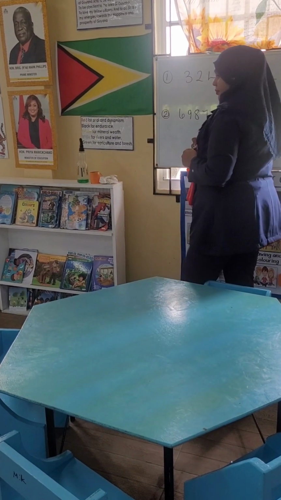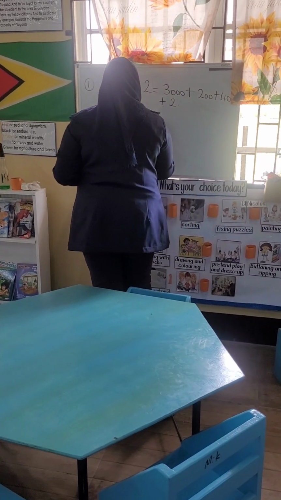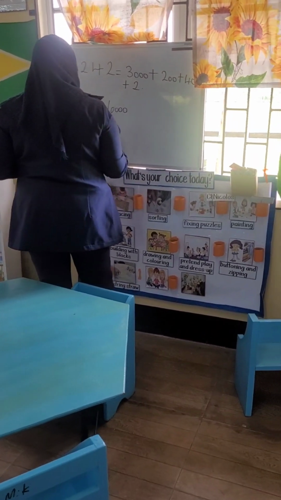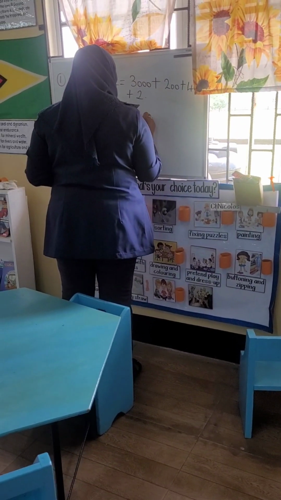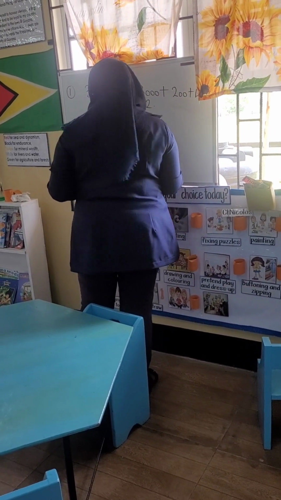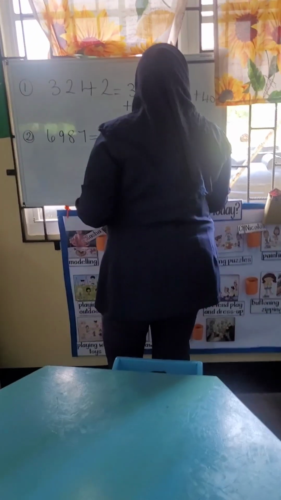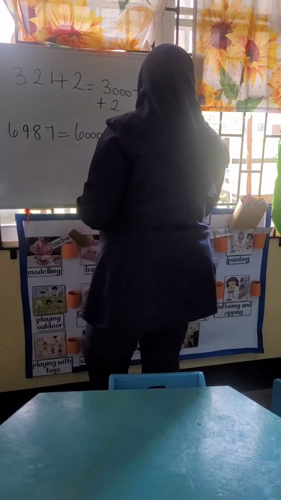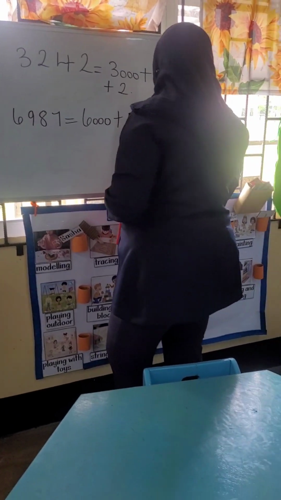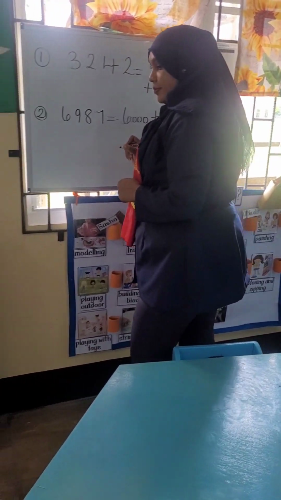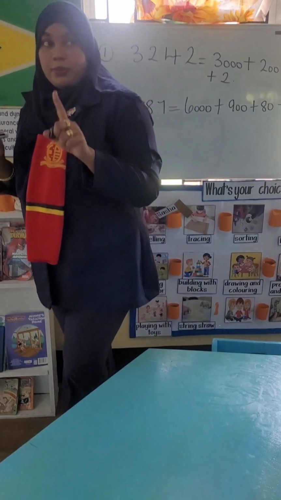Good. 6,000 plus 900, very good, plus 80, very good, plus 7, very good. We're going to take someone from this group now.